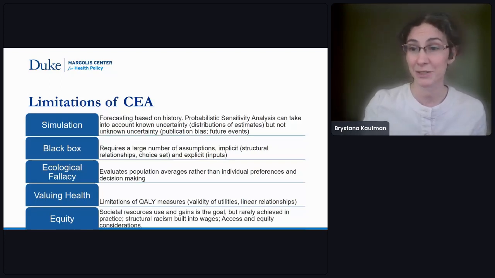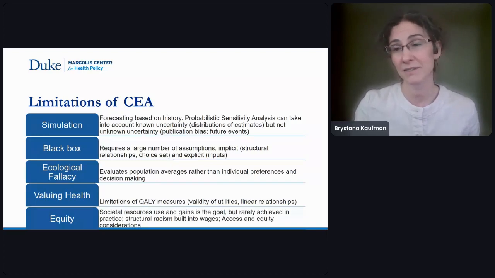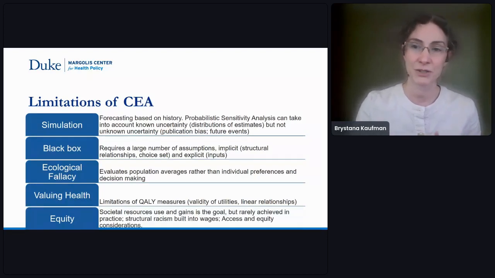Nobody expected there was going to be a pandemic. So a lot of those forecasts changed really dramatically. In some contexts, a really complicated model can feel like a black box. You're putting in a lot of data, a lot of inputs, and it can be hard to understand which factors are impacting which outcomes. It also requires a lot of assumptions.